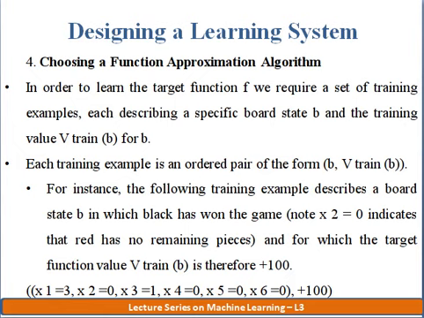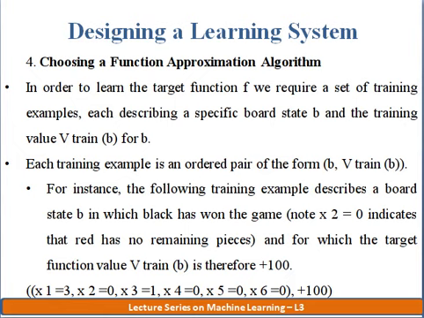Now consider an example of a board state b in which black has won the game, and for which the target function value Vtrain of b is therefore plus 100. In the last lecture we saw that x1 represents the number of black pieces on the board and x2 represents the number of red pieces on the board.